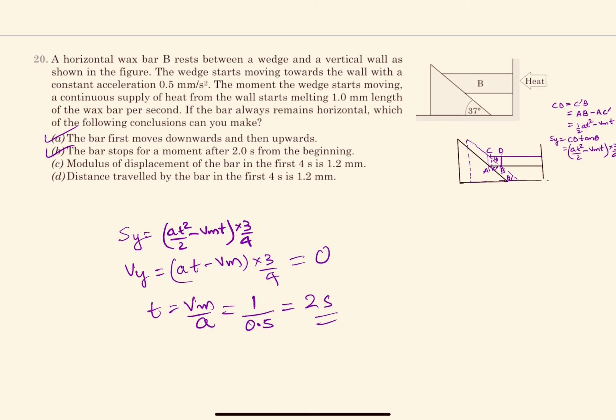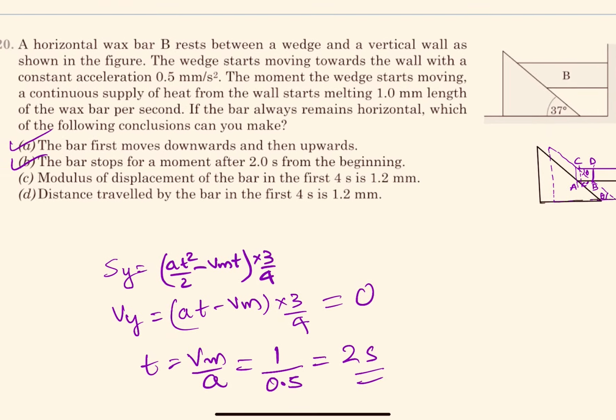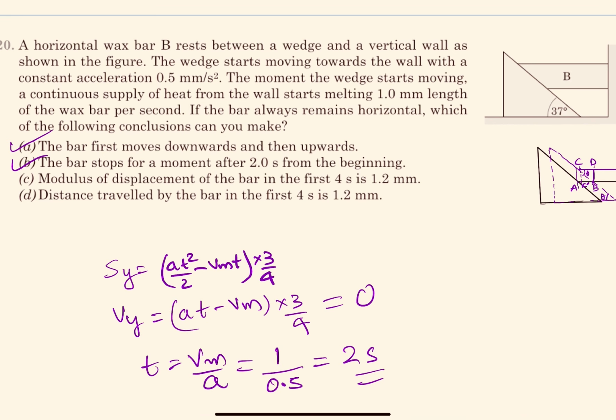Now in C and D, I think this has been corrected in the new edition of the book, but the PDF that I have, in that it is written 1.2, it should be 1.5. Using that only we get the answer. So modulus of displacement of the bar in the first 4 seconds is this much. So you can just keep the value of t here as 4 and check that.